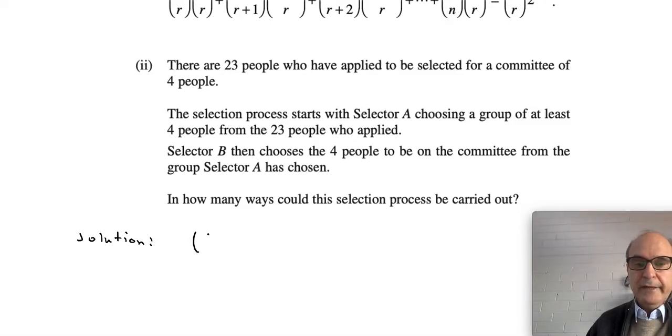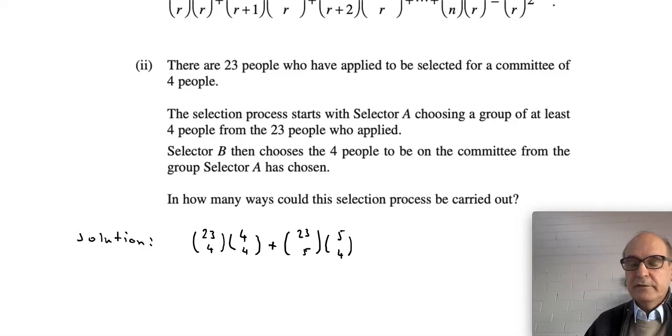So selector A out of 23 people chooses 4, and then selector B has to choose all 4 of them, so 4 choose 4. Then in the next bit, selector A chooses 5 out of 23, and then selector B out of these 5 can choose 4 people. This is the number of ways this can be done, so we multiply them together: the number of options selector A has by the number of options selector B has.